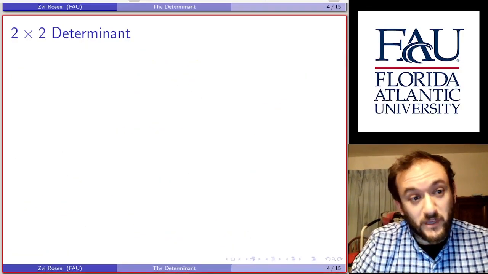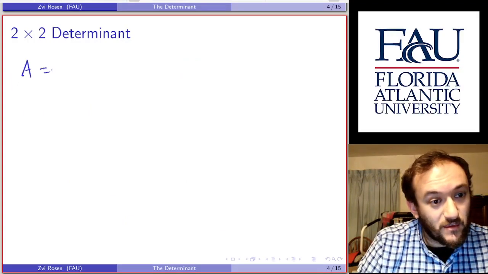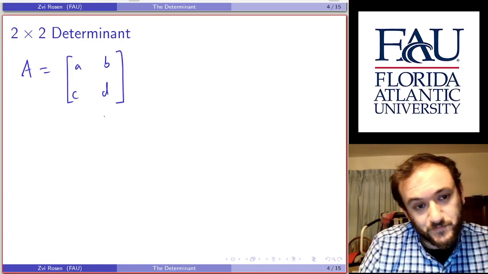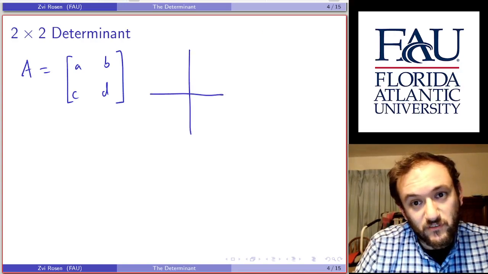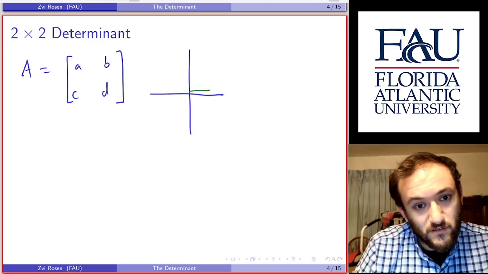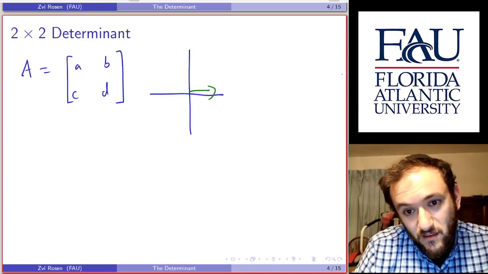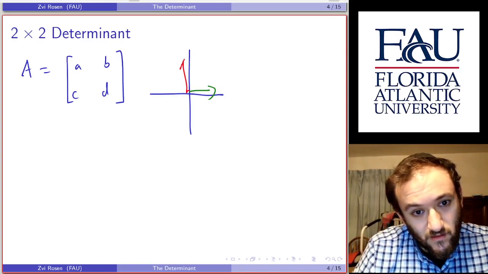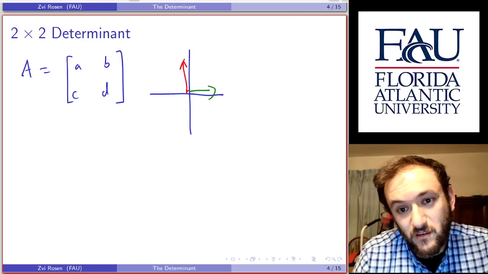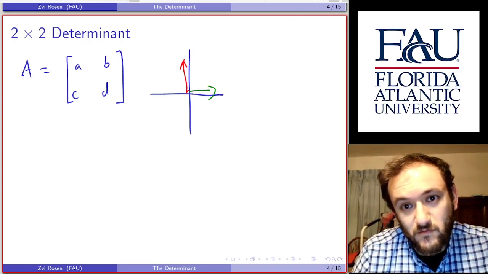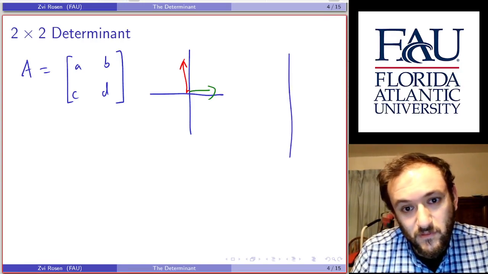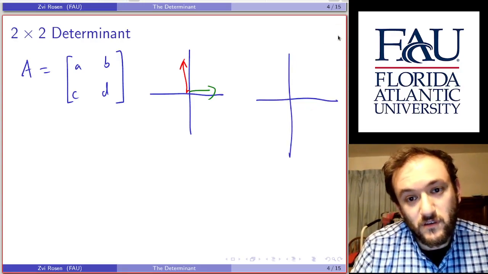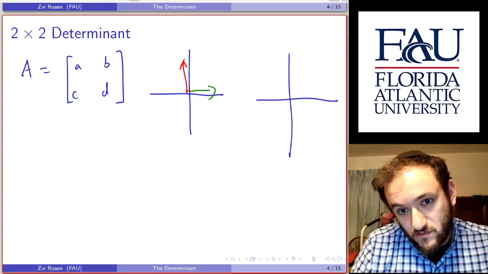As for a more general matrix, when you have A equals A, B, C, D, here we take our unit vectors, the green and the red, and now these get translated to new vectors.